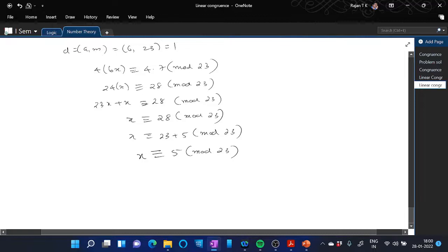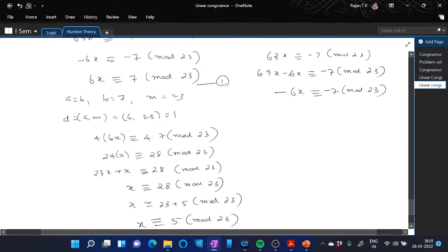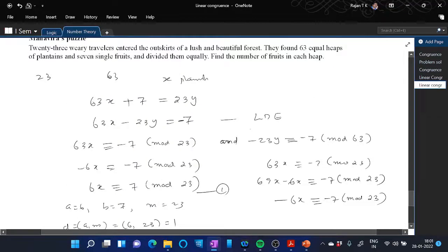So the general solution: x is in the form 5 plus 23t. Similarly, we can calculate y by substituting. We have 63x plus 7 equal to 23y.